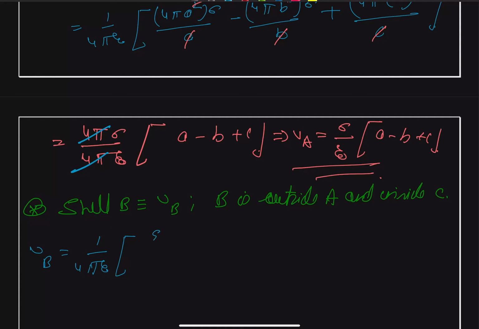First is QA divided by B, plus QB divided by B, plus QC divided by C.